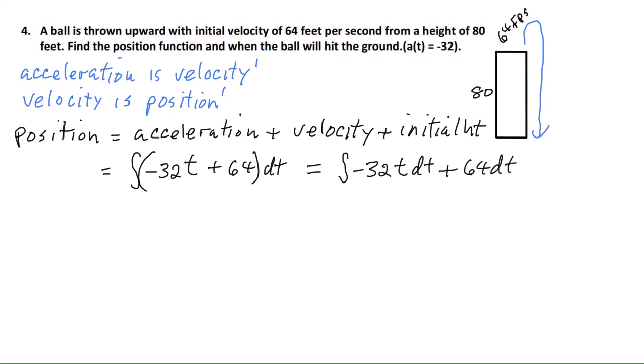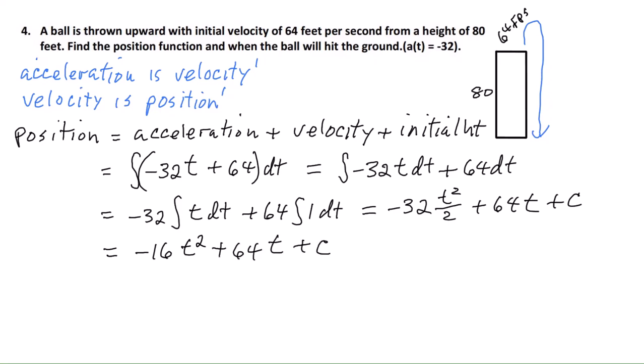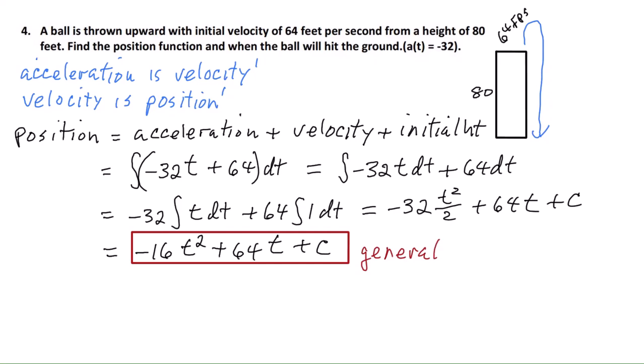In other words, split them apart. I can pull the negative 32 out. I can pull the 64 out. Then I'm going to use the power rule. So I take that and I clean it up a little bit. I'm going to divide that negative 32 by 2. And so I'm getting this. That is our general position function as it relates to time.